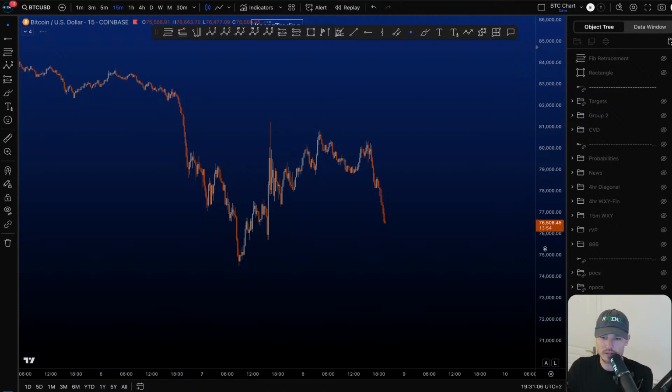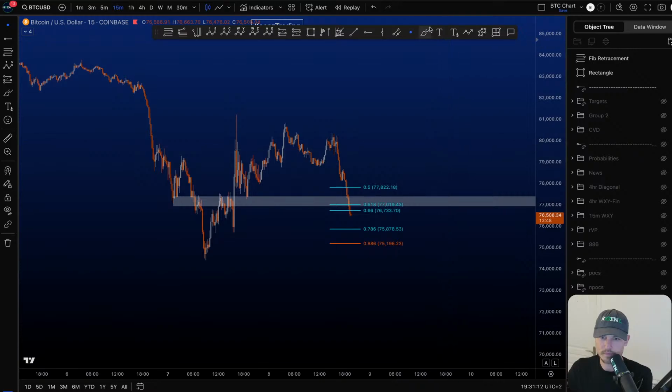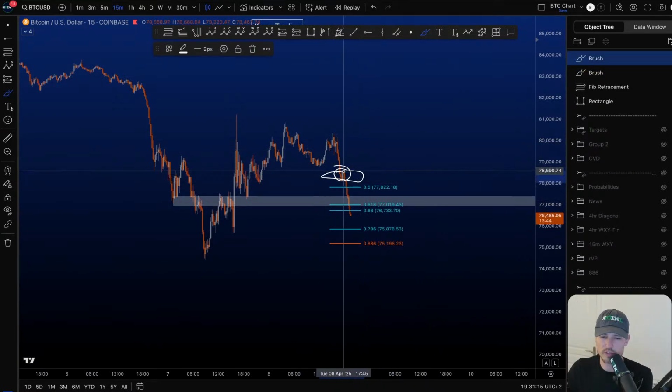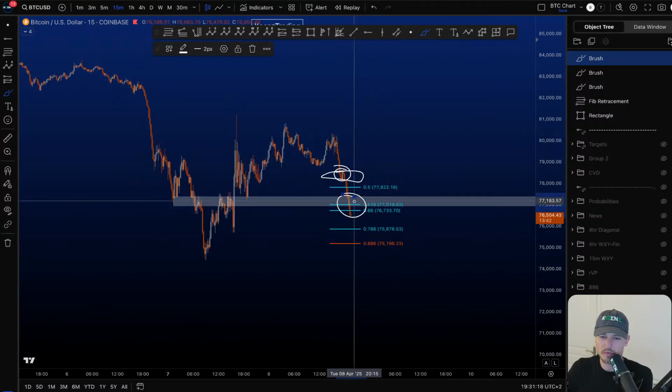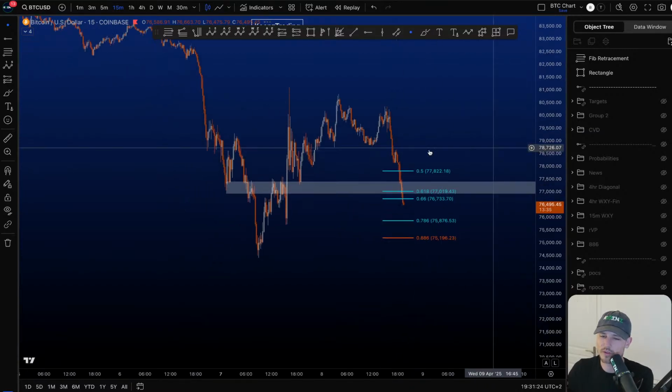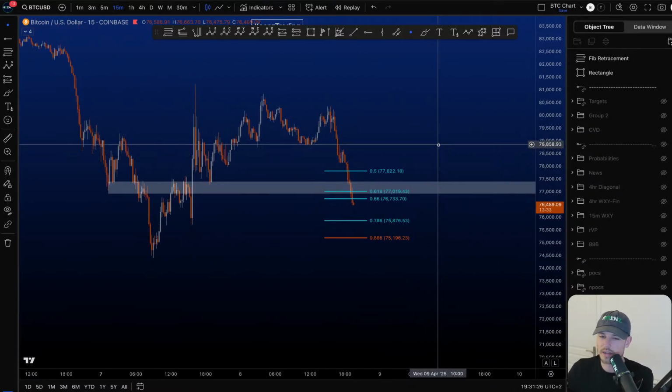So that's why in this stream I want to talk about my approach a bit more. Because this area of support, of course, was of no interest. And then we move down. And the moment we move to the downside from this support, I'm like, yeah, Bitcoin not looking very strong, Bitcoin looking weak. I wrote that in Discord earlier today.